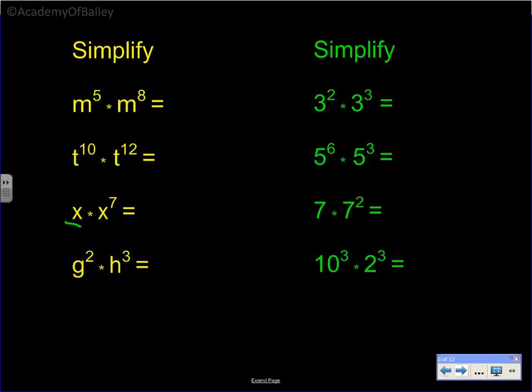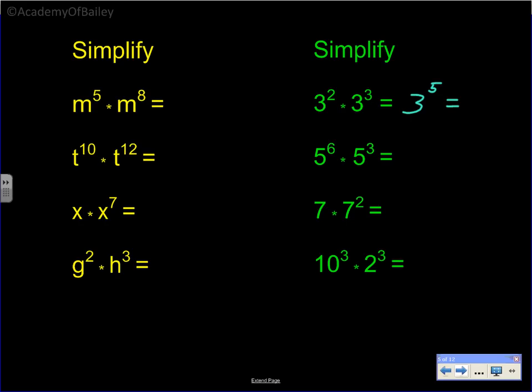I want you to try and work these out. The ones on the right, after you have simplified those to, say, 3 to the 5th power, I want you to go ahead and multiply those out and tell me what that is. So go ahead and try these 8 and then check your solutions. So go ahead and pause the video.